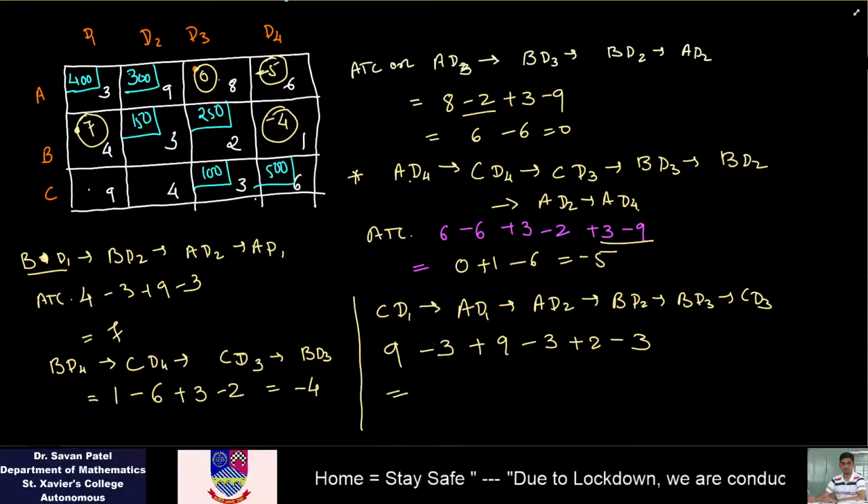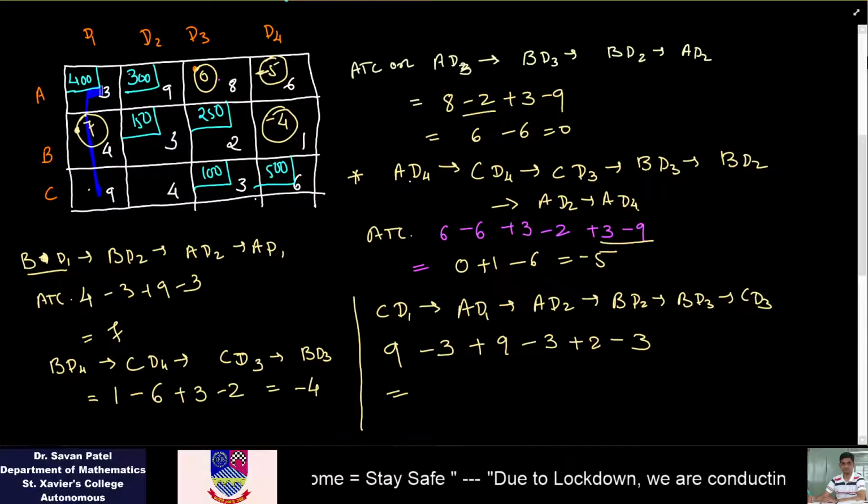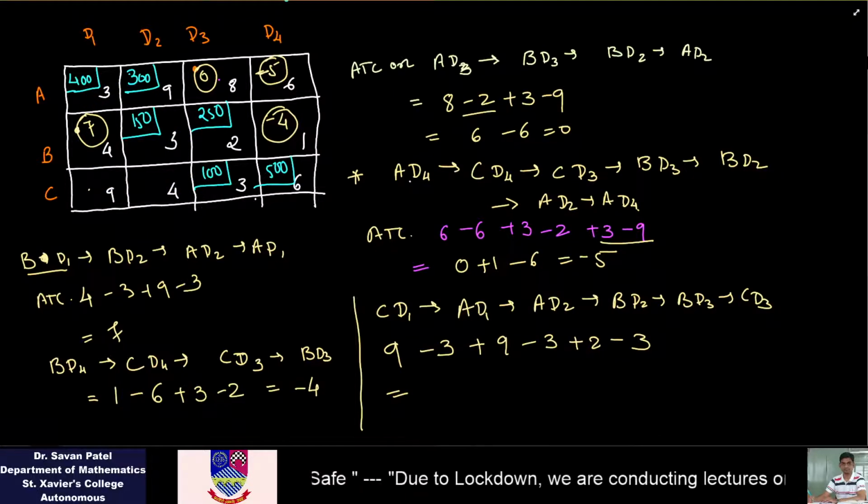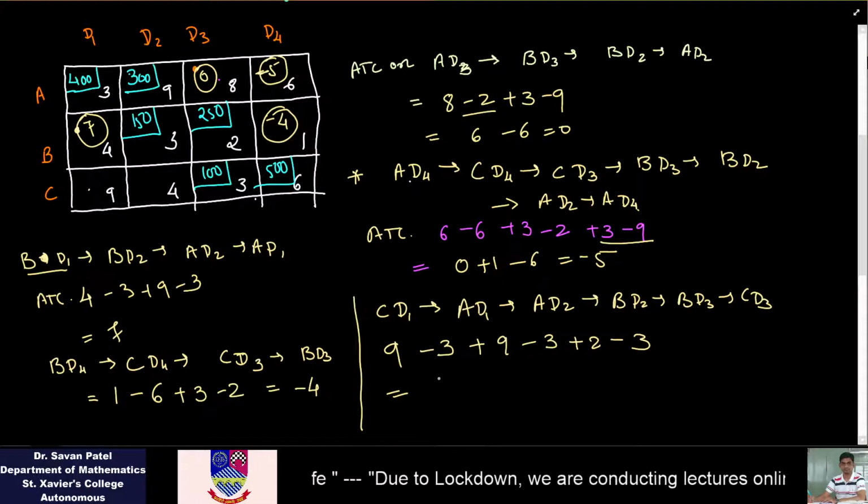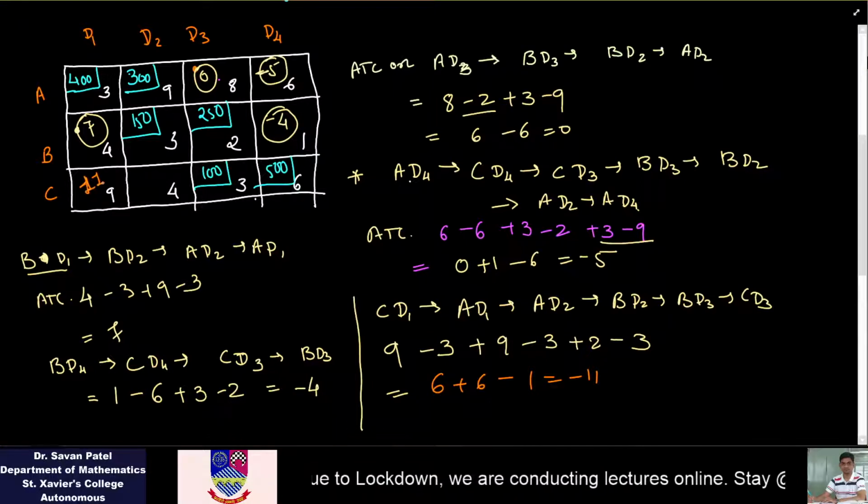So here it is 9 minus 3, it is 6, 9 minus 3, it is 6, and here it is minus 1, so it is 11, not minus 11.